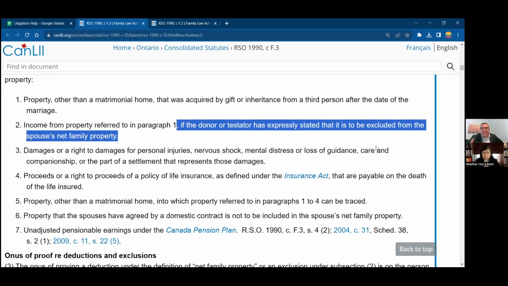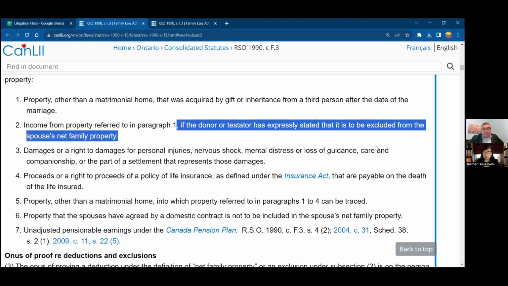And what's interesting is that I think there's case law on whether expressly means that it has to be in writing or not. But as a default, if you look at any will that is created in Ontario, standard language in the back includes that I want this inheritance to be excluded, but also the income to be excluded.